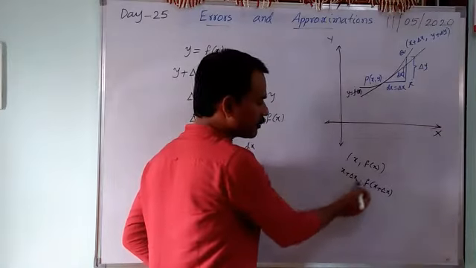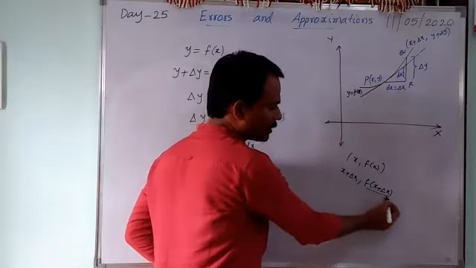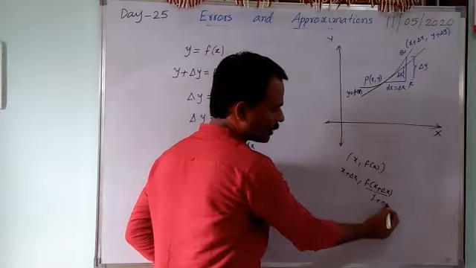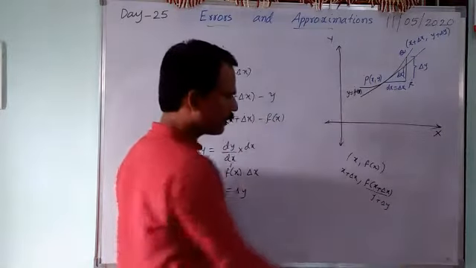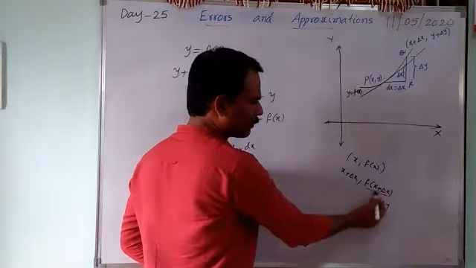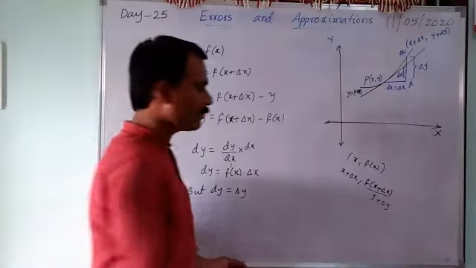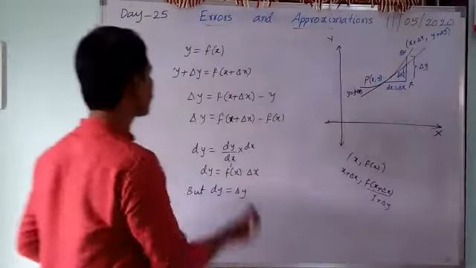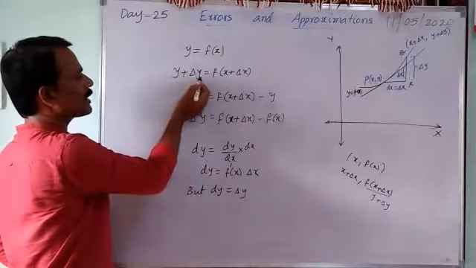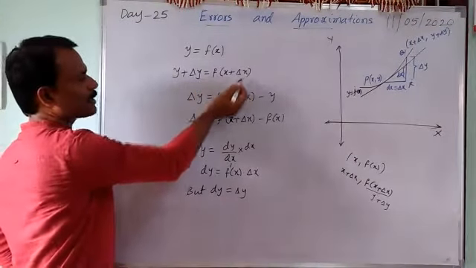Clear, guys? That's why, instead of this, I write y plus delta y. Y plus delta y is nothing but f of x plus delta x. Simply, y plus delta y is equal to f of x plus delta x.